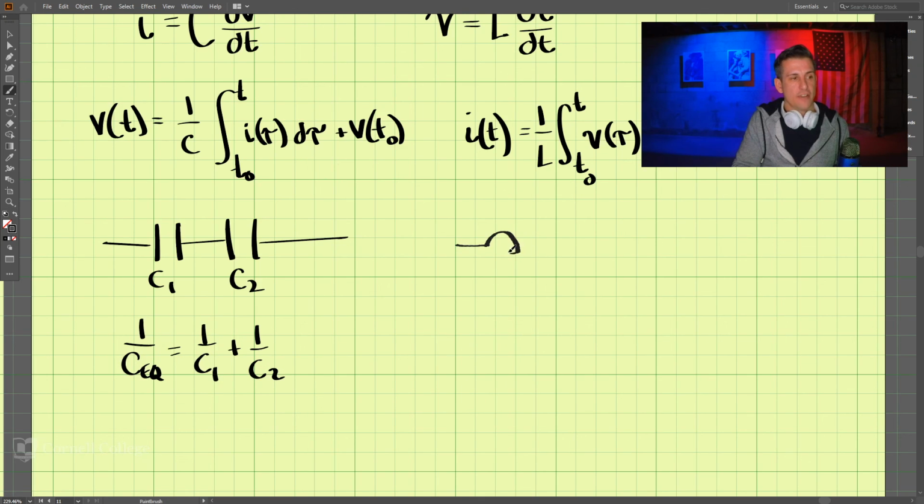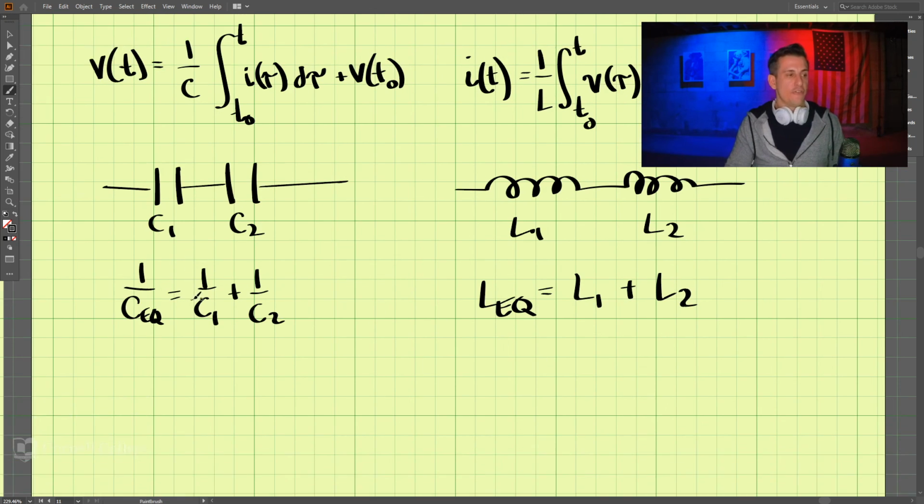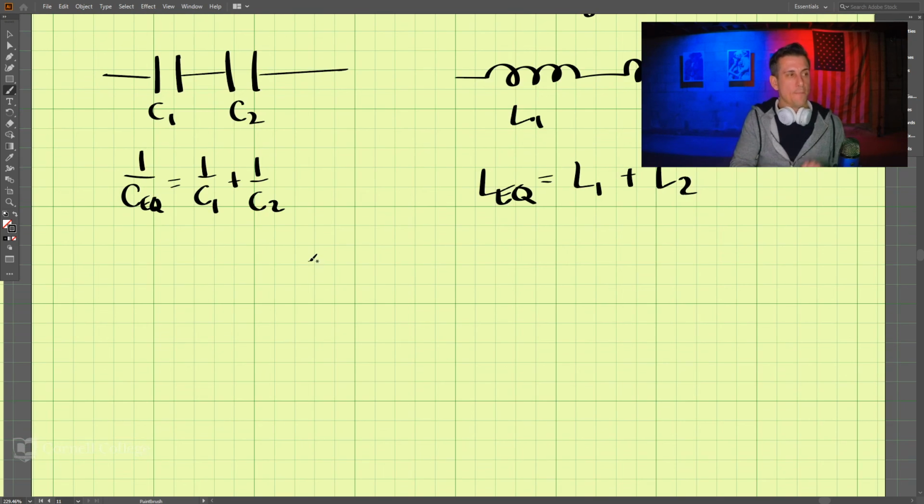And if we have inductors in series, L1 and L2, the equivalent inductance is L1 plus L2. And furthermore, we can move to parallel.